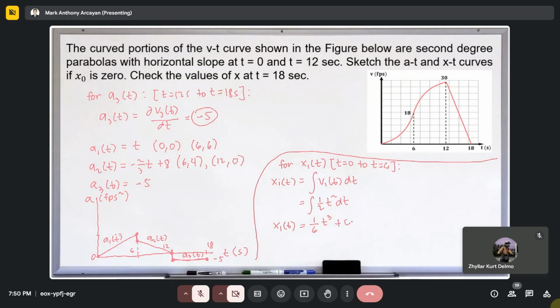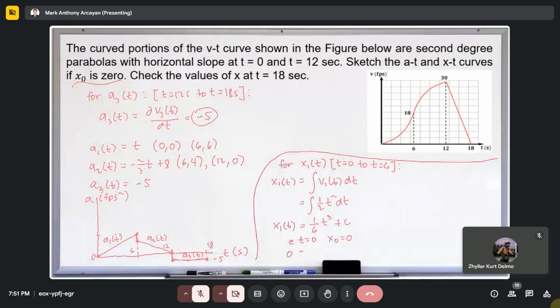Okay. How do we solve for c? To solve for c, class, we will use this initial condition from the problem that the displacement is 0 at the initial time. So at t is equal to 0, the displacement is also equal to 0.